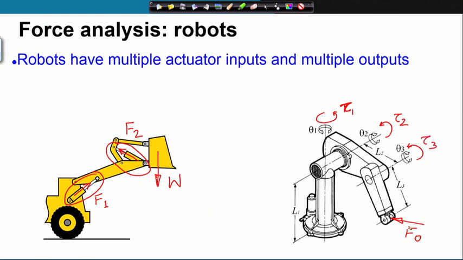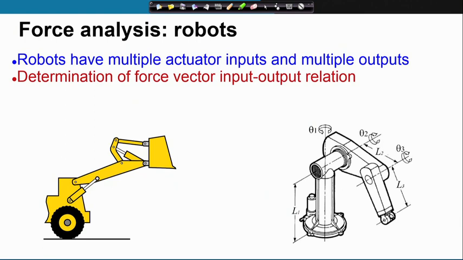Now, this force is a vector here. So, I have multiple input torques and force as a vector. There are three components. So, there are multiple outputs. So, we have to find out this force vector input output relation. The joint forces and the output forces are both vectors.